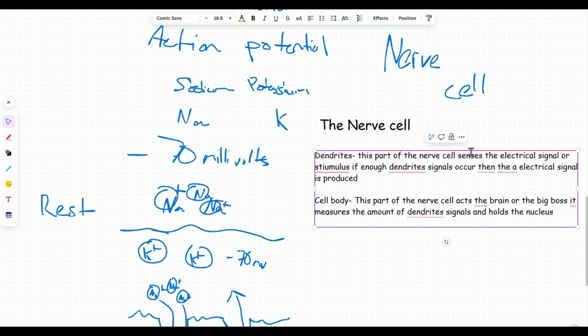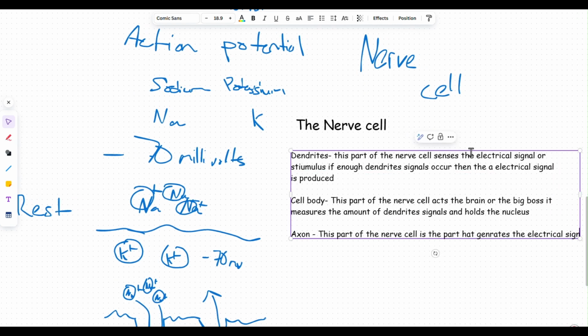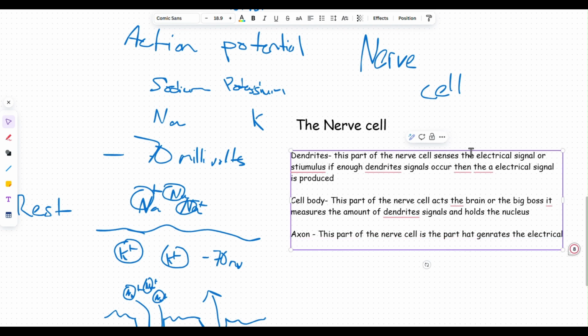The axon. This part of the nerve cell generates the electrical signal through action potential.